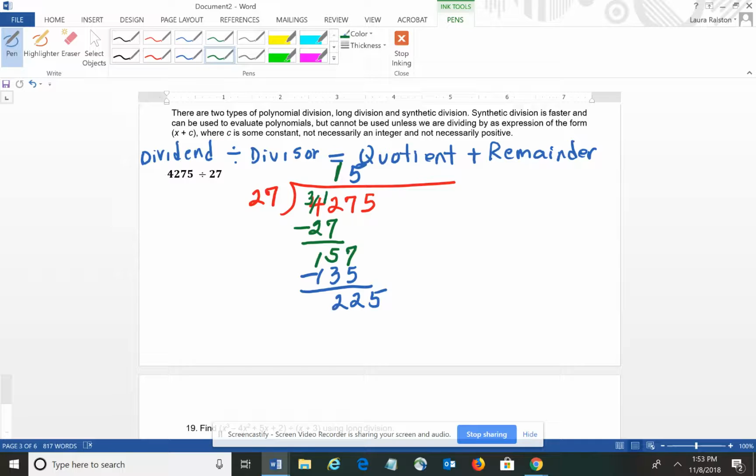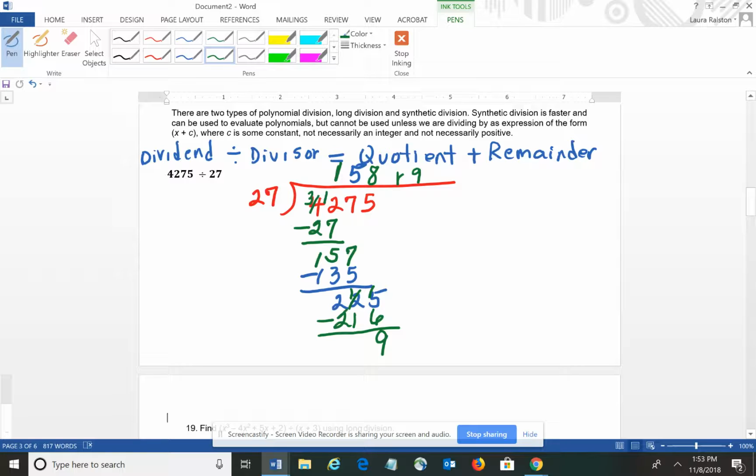So 27 goes into 225 8 times. 8 times 27 is 216. Draw the line and subtract. 15 minus 6 is 9. So in this case, we have a remainder of 9.